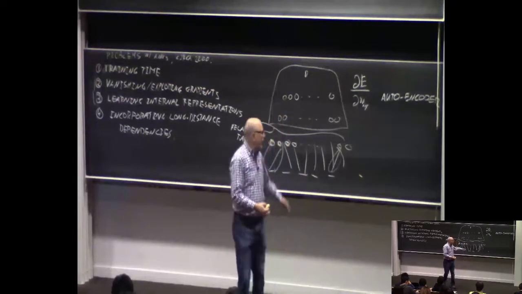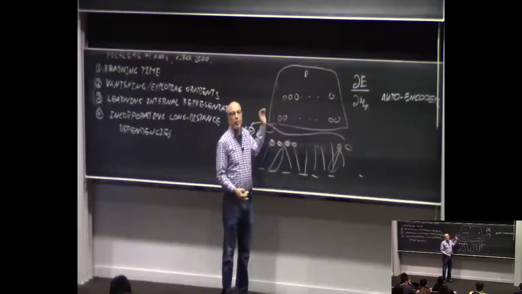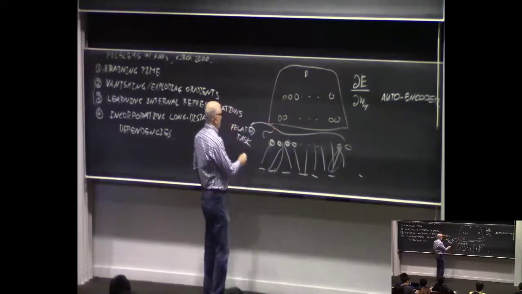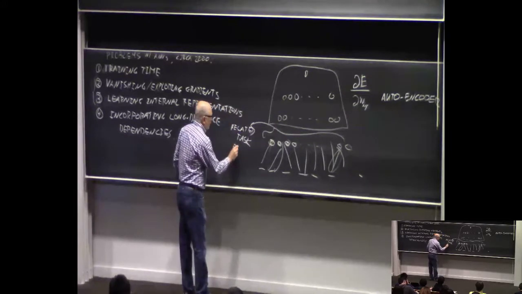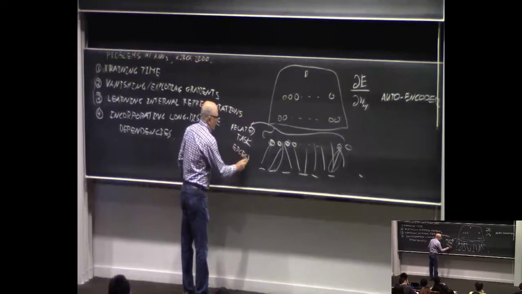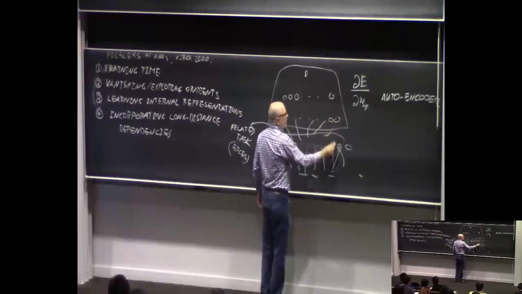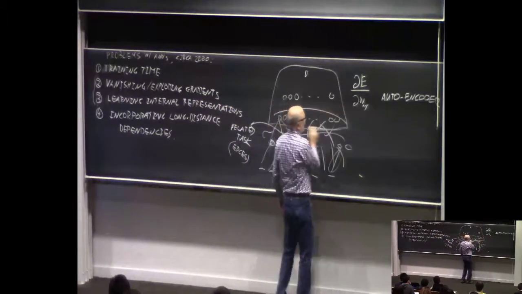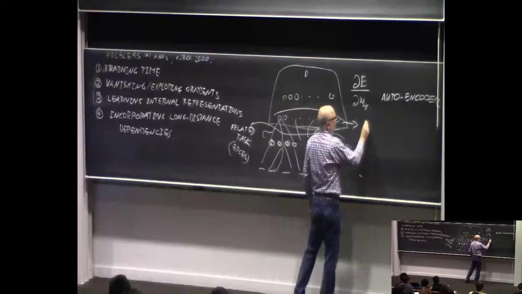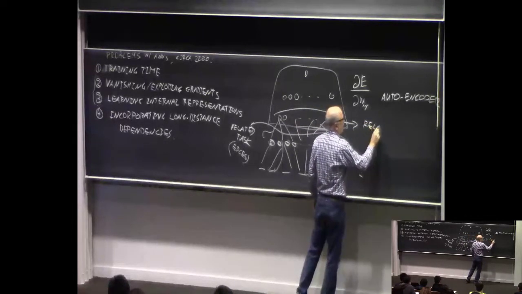And now you train the next layer to do another related task. Let's say recognize shapes. These would be edges. And now you're training this layer to do another useful intermediate task.